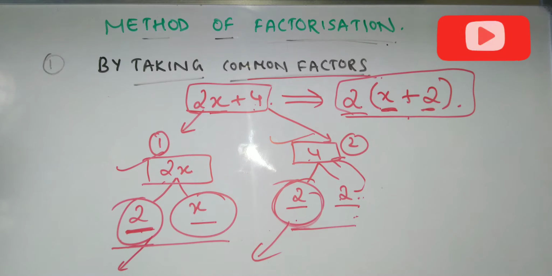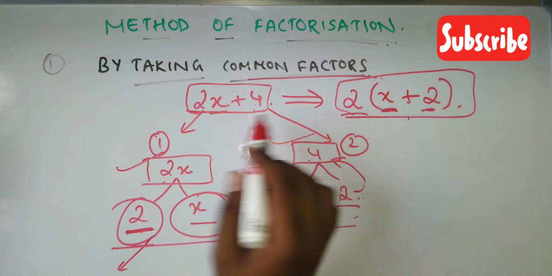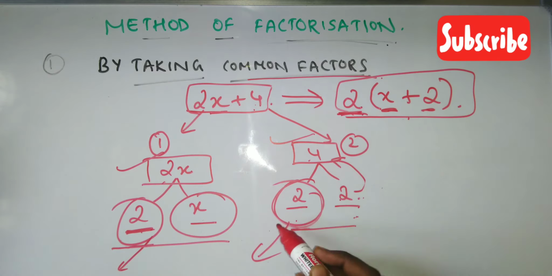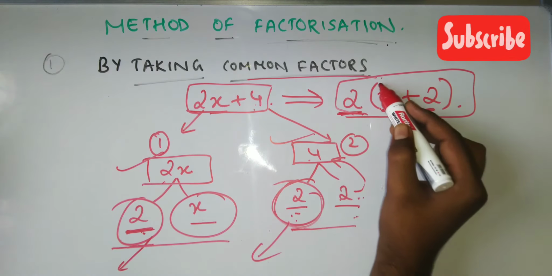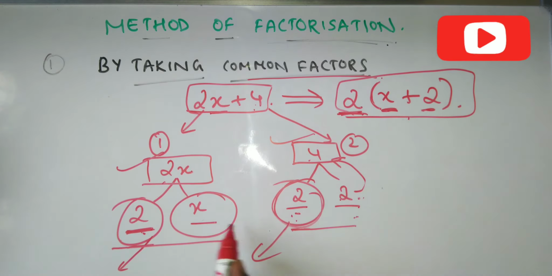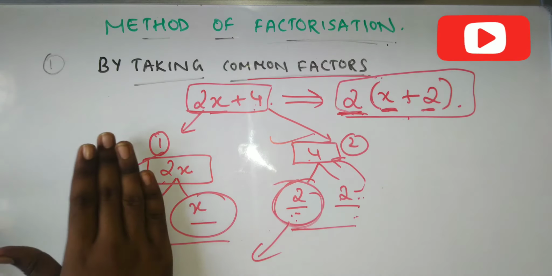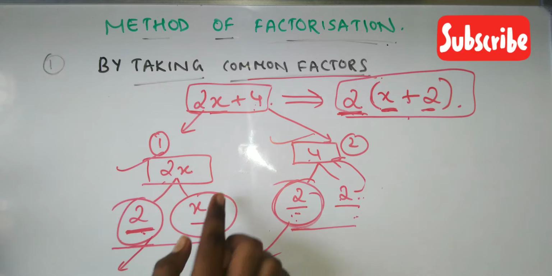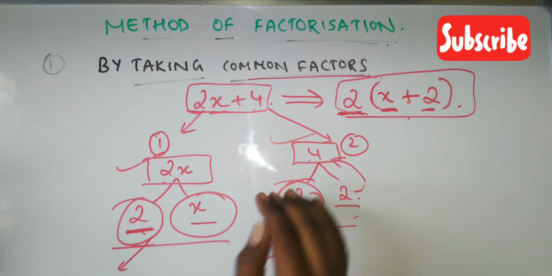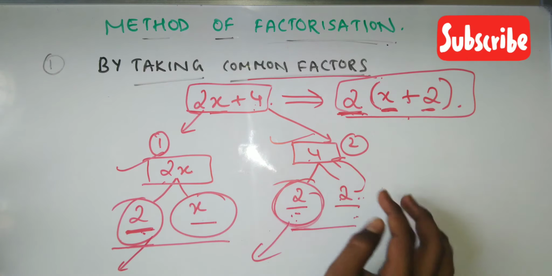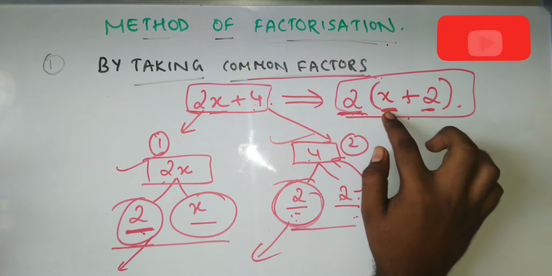Now what is the remaining? You have to see that. I have taken 2 out because 2 is the common factor, so put one bracket. If 2 comes out, what is the remaining? Only x is remaining. If this part comes out, what is remaining? 2. So I have written x plus 2.